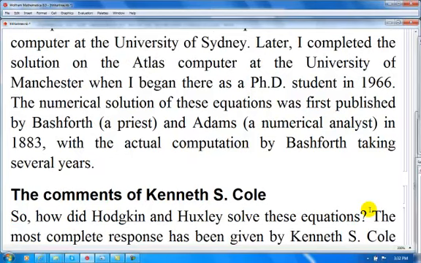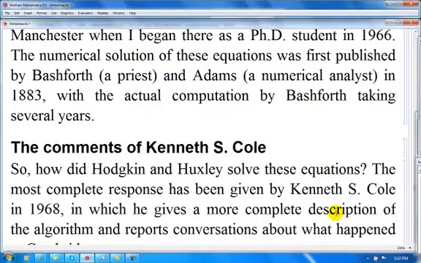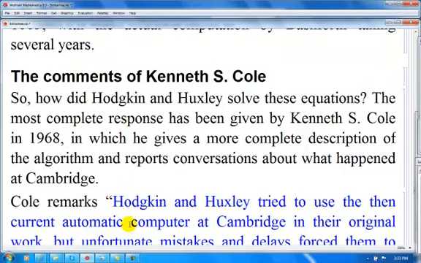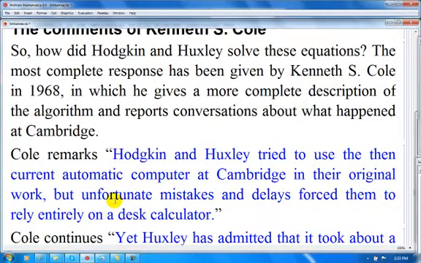So how did Hodgkin and Huxley solve these equations? The most complete response has been given by Kenneth S. Cole in 1968, in which he gives a more complete description of the algorithm and reports conversations about what happened at Cambridge. Cole remarks, "Hodgkin and Huxley tried to use the then current automatic computer at Cambridge in their original work, but unfortunate mistakes and delays forced them to rely entirely on a desk calculator."